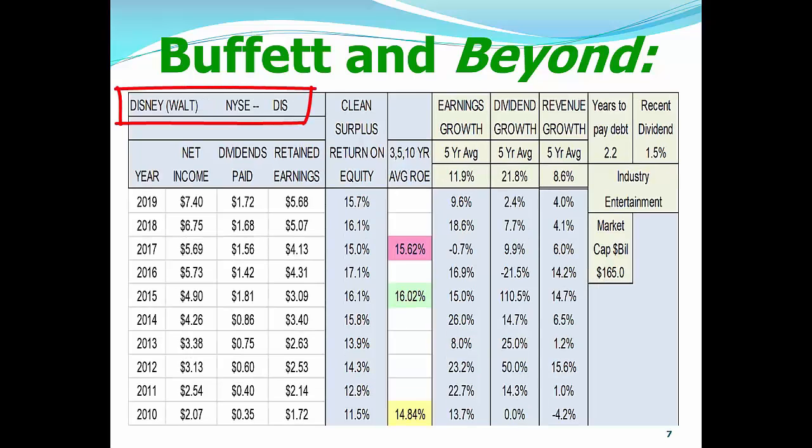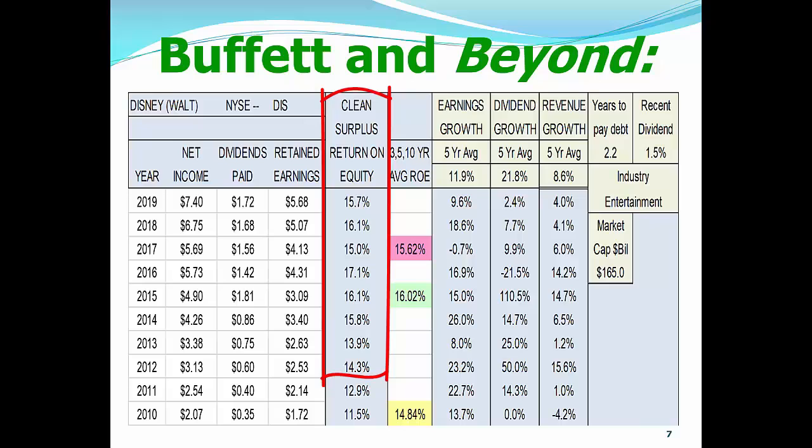Well, I'm going to the table on Disney, and we can see that their clean surplus return on equity is about 15.7% for 2019. So that's slightly above the average stock in the S&P 500. So Disney, yes, is a little bit better than the average stock in the S&P 500, but we would like to see Disney with a higher ROE.